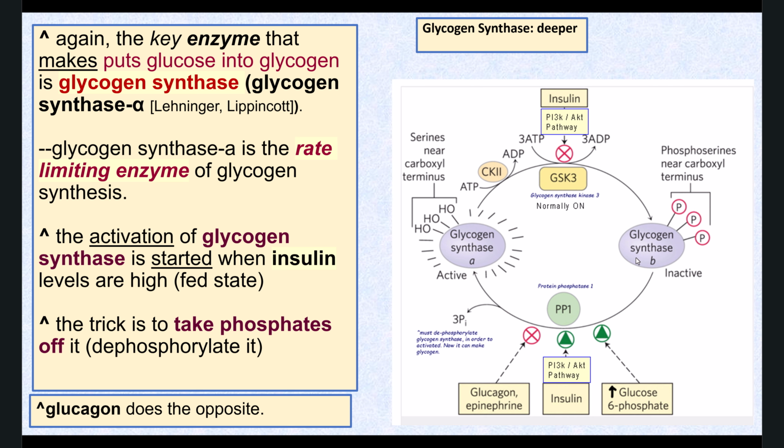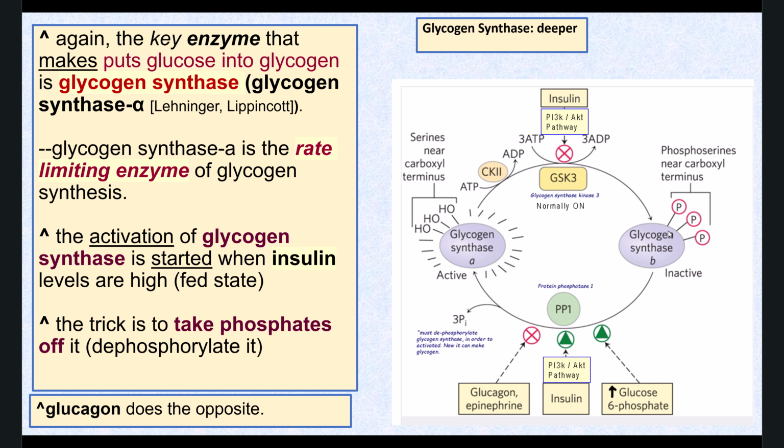So glycogen synthase is in 2 forms. Normally it's inactive, and it's inactive when it has a lot of phosphates on it. And who puts those phosphates on there is glycogen synthase kinase 3, or GSK3, which is the one that usually does that.